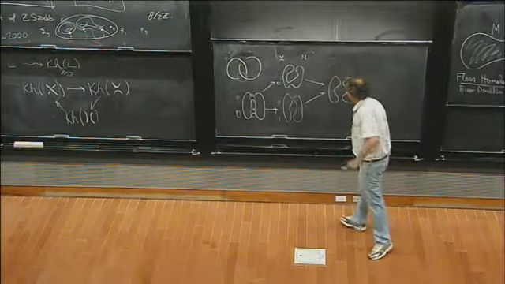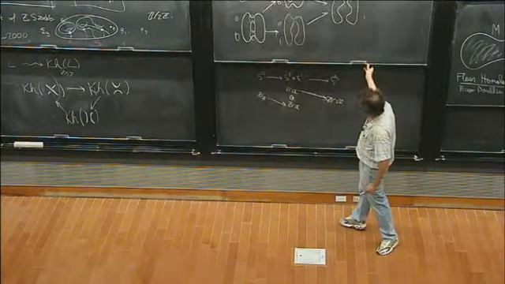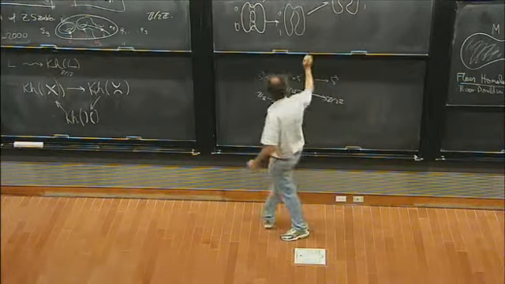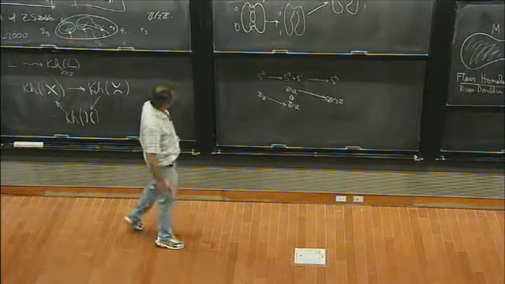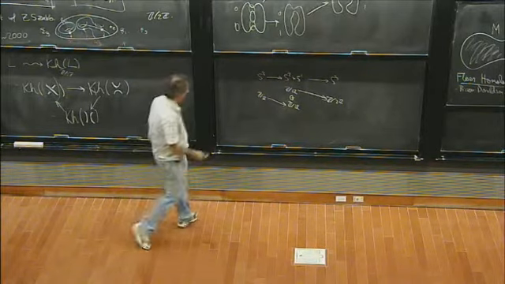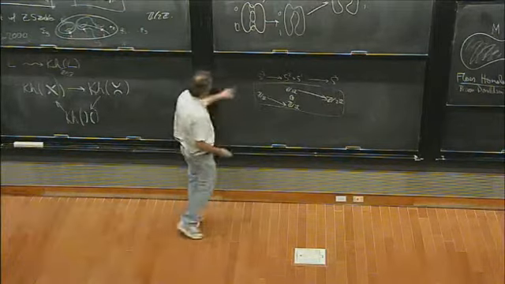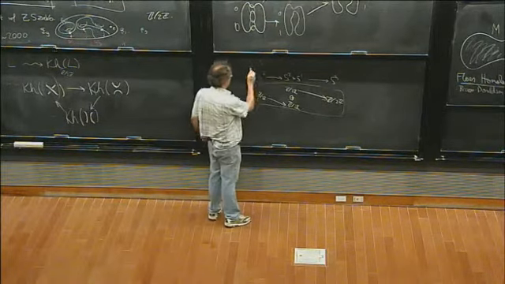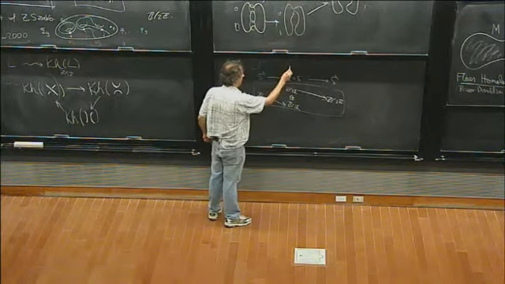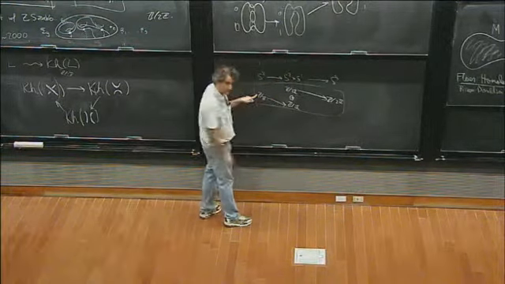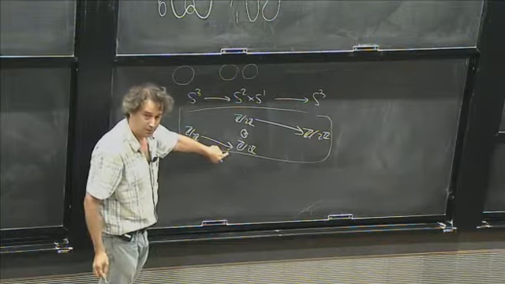And the key point is that if I go from one circle to two circles, that sends a Z2 to a Z2 plus Z2, and it takes the generator to the lower generator.